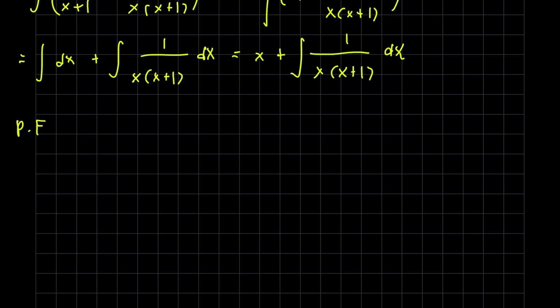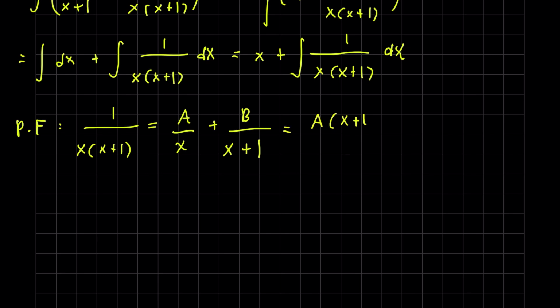So for partial fractions, 1 over x(x + 1) is some constant A over x plus some constant B divided by x + 1. Getting a common denominator, we're going to have A(x + 1) plus Bx over x(x + 1).